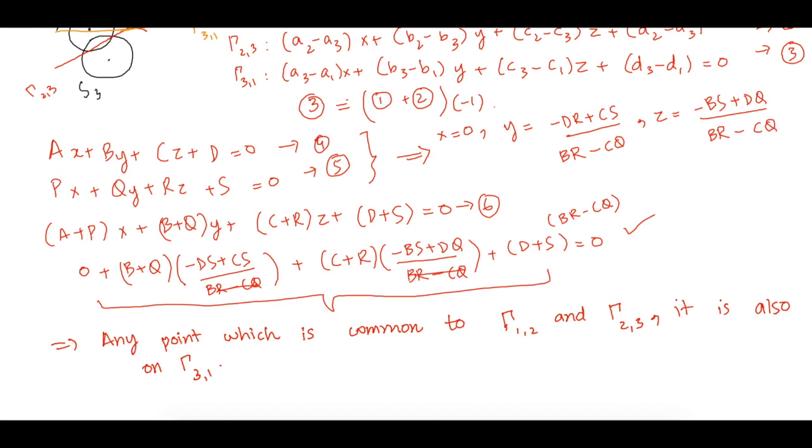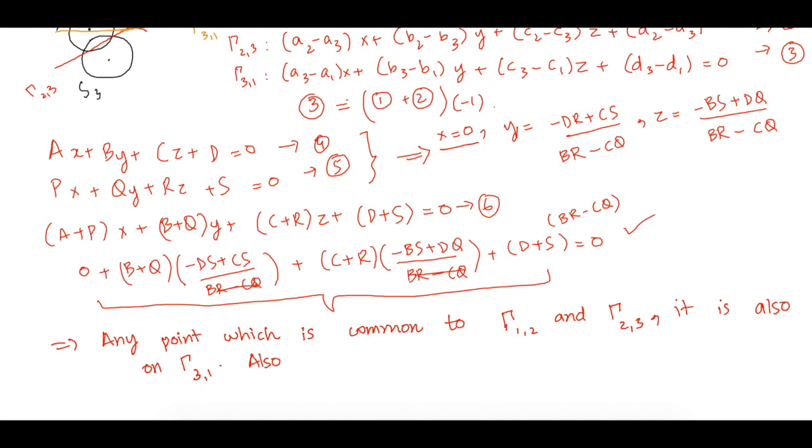Okay, and also, is there only one point? No, there are multiple points, because we chose x to be 0. We can choose x to be something else as well, right? Then we get some other y and some other z, and you can easily check that this is also proved here.